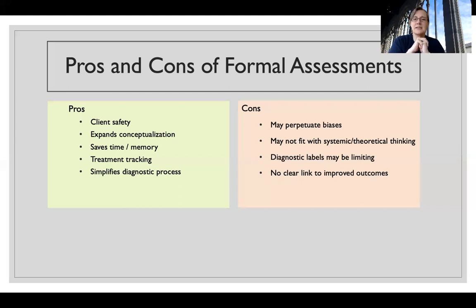Cons, as it talked about in the other lecture also, if you're using formal assessments and you're only doing an assessment on one person, or if you're using a formal assessment and it's asking questions with some cultural assumptions that don't really fit the cultural assumptions of the person that you are assessing, that can perpetuate biases.